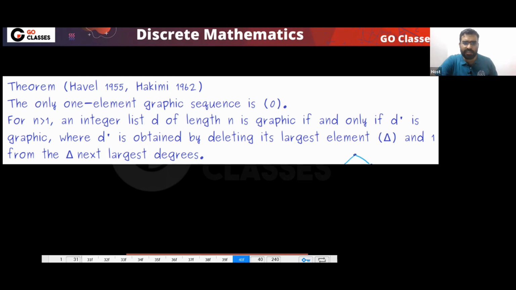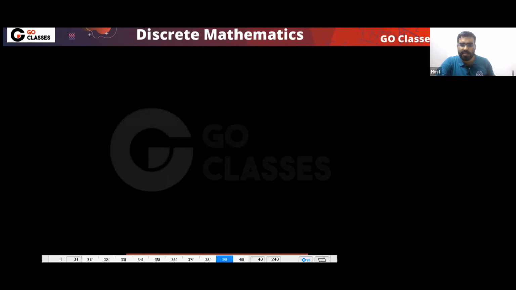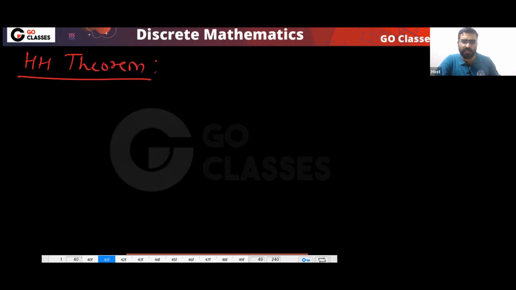Okay, so let's see first what this Havel-Hakimi theorem is saying. This theorem is recursive. Recursive means you have a degree sequence, some sequence.